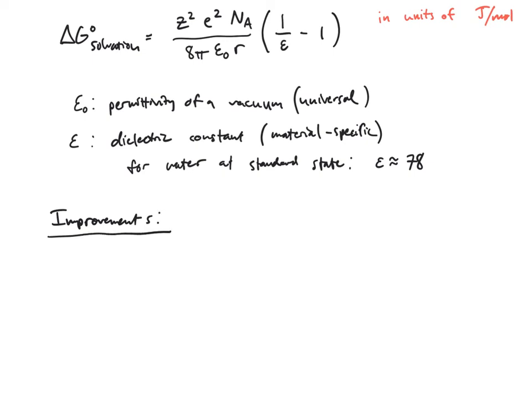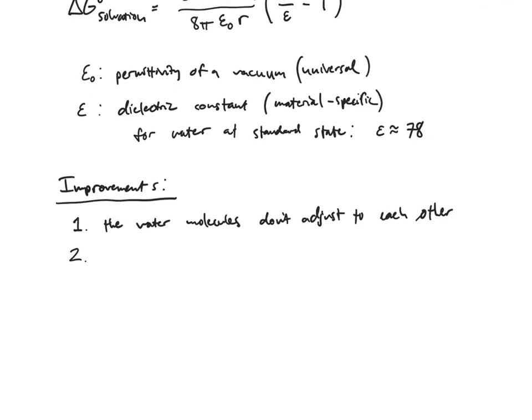Well, for one thing, this model assumes that the water molecules, solvent molecules, rather, don't adjust to each other. Okay, so this is a little bit strange, but those solvent molecules only feel the ion. They actually don't feel each other, which is definitely a suboptimal approach.